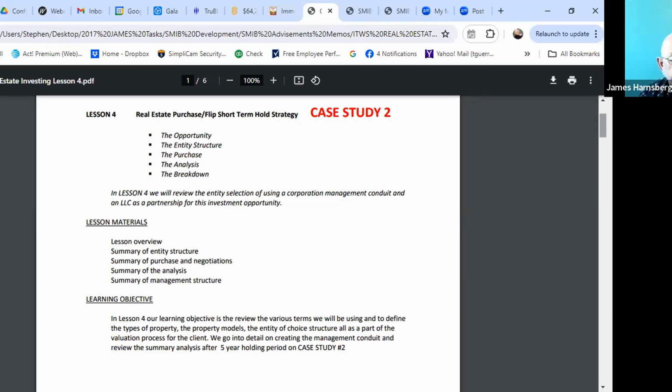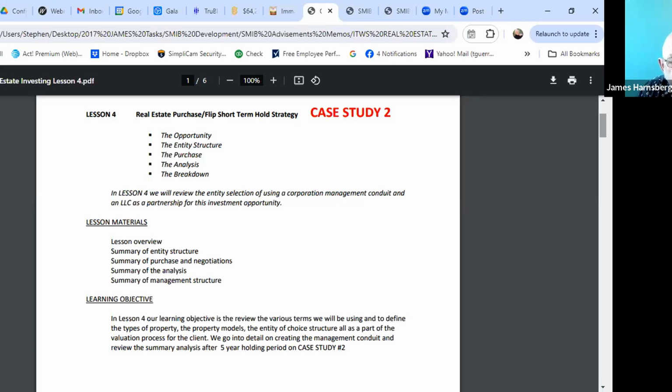The learning objective, I'm just going to quickly review this, is to review the various terms that we're going to be using and to define the types of property model and the entity of choice. Again, it's a corporate management conduit and an LLC that serves as a partnership. That's the entity structure.